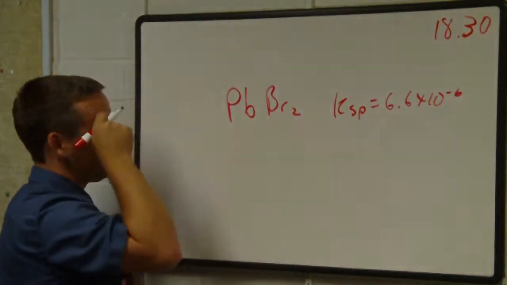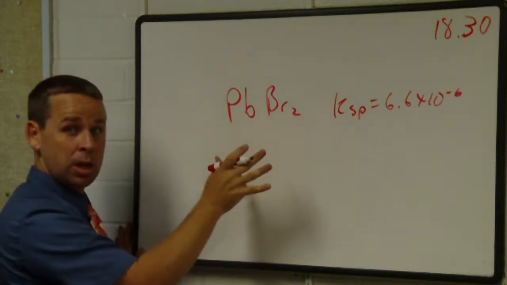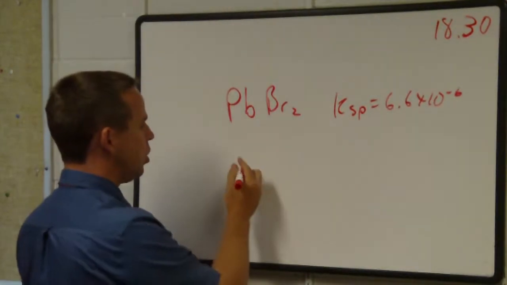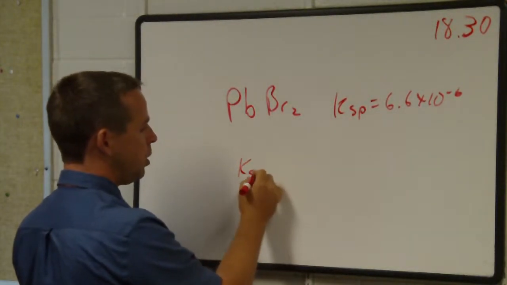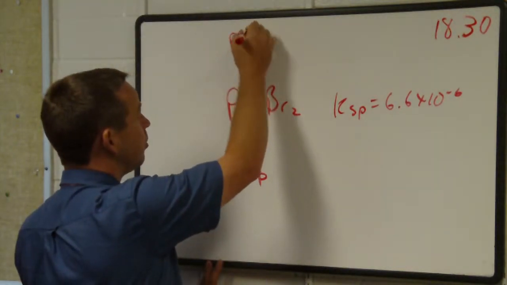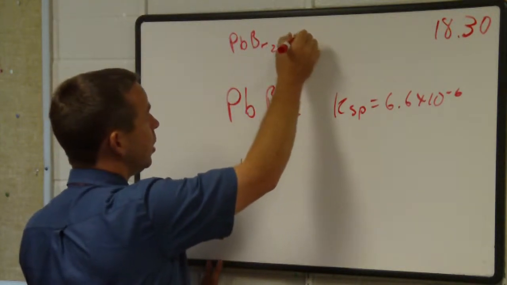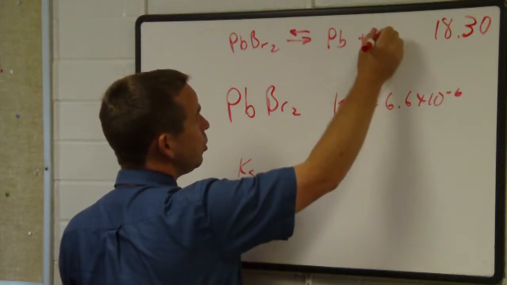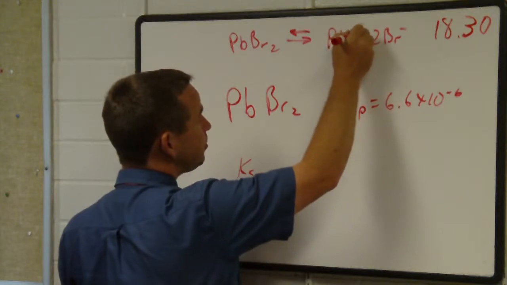That is not the molar solubility, right? It's just the KSP. So the KSP for lead bromide, we can imagine 1 lead ion and 2 bromide ions, right?